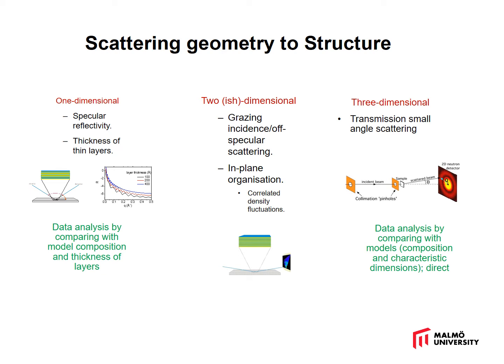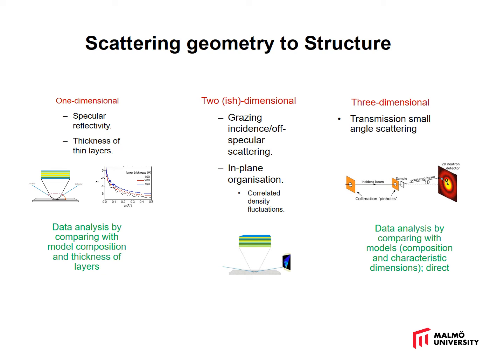But very briefly, from the reflectivity curve as a function of Q, one measures the thickness of layers and their composition. Data analysis is done by comparing these specular reflectivity curves with a calculation based on a model, and one extracts the structural information from the model that correlates with what you actually measure. So this is a one-dimensional technique. It's only measuring information normal to the surface.